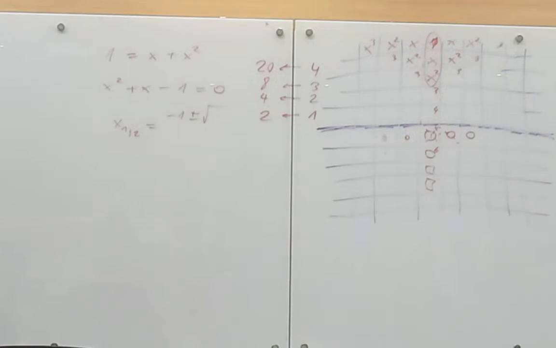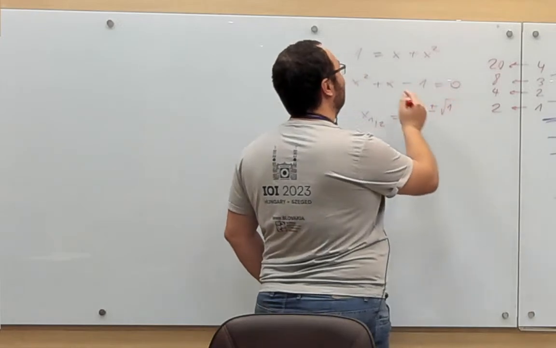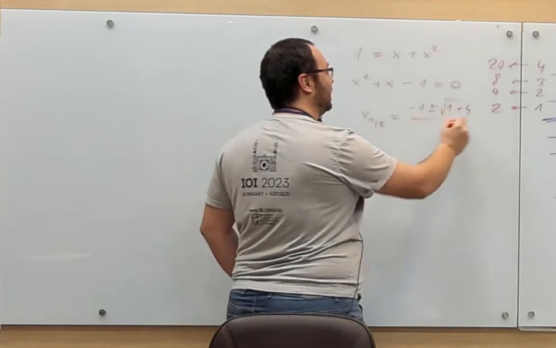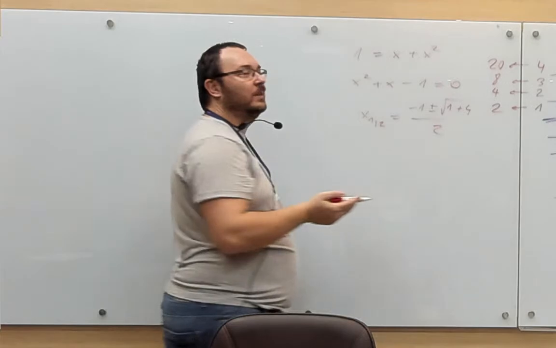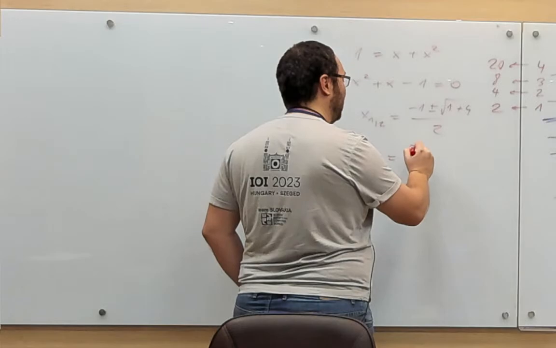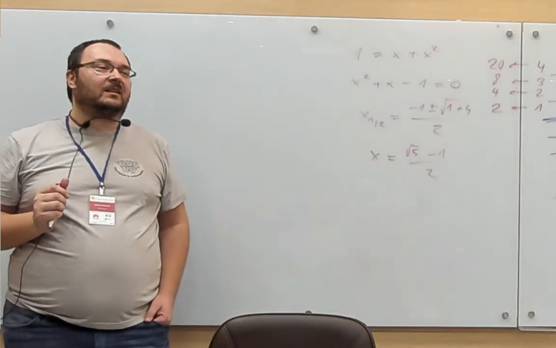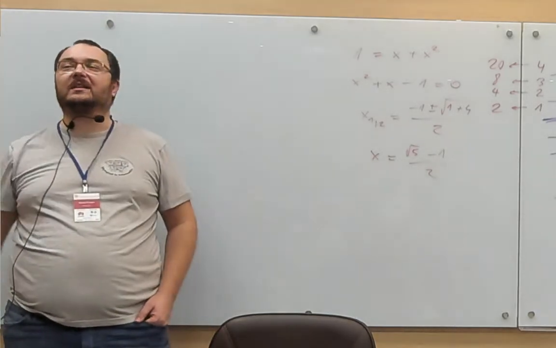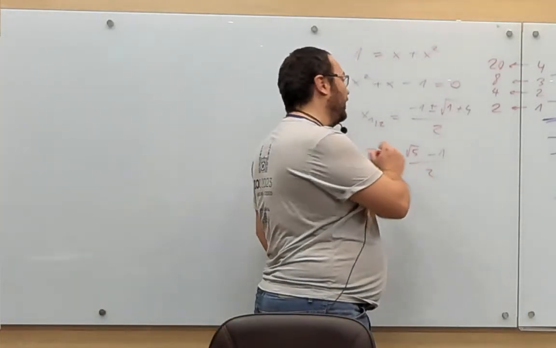Should I derive it on Scratch when I don't remember it? b squared minus 4ac, divided by 2a, right? So we want not the negative one but the positive one. So we want x to be square root of 5 minus 1, divided by 2. I think this is the reciprocal of the golden ratio. This is 0.608 and something. So this is the specific value of x we are going to use.